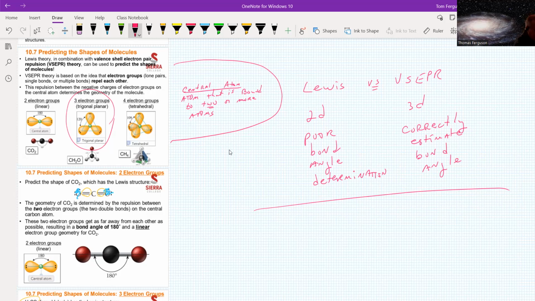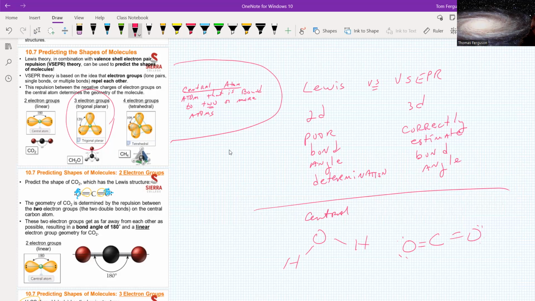So if we look at water and carbon dioxide, over here, this oxygen on your left qualifies as a central atom because it's got two hydrogens coming off of it.